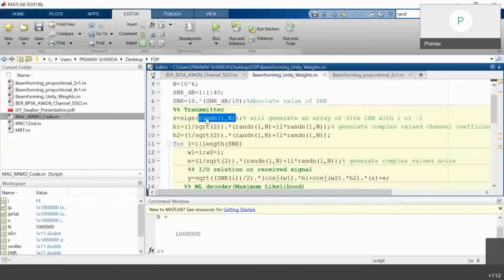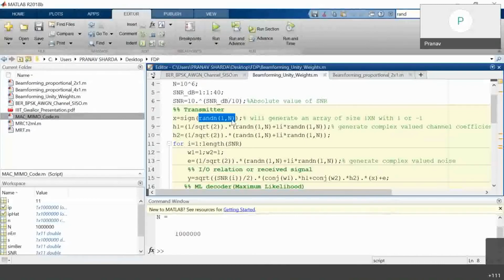When you execute this inner command, RANDN of one, it will generate an array of size 1 by 1, randomly with positive as well as negative values. But the sign command will return the values as 1 or -1. If it is a positive value, it will return 1, and if it is a negative value, it will return -1.